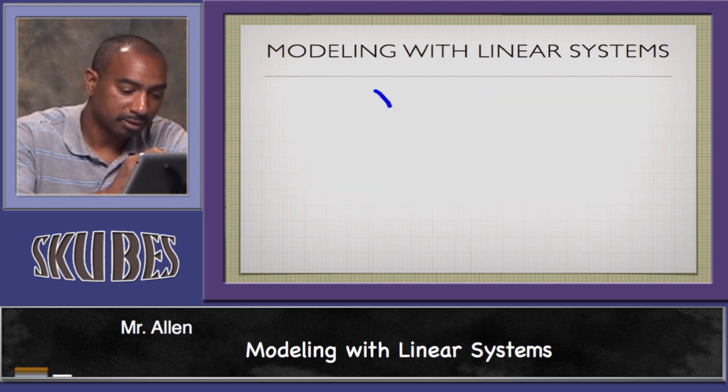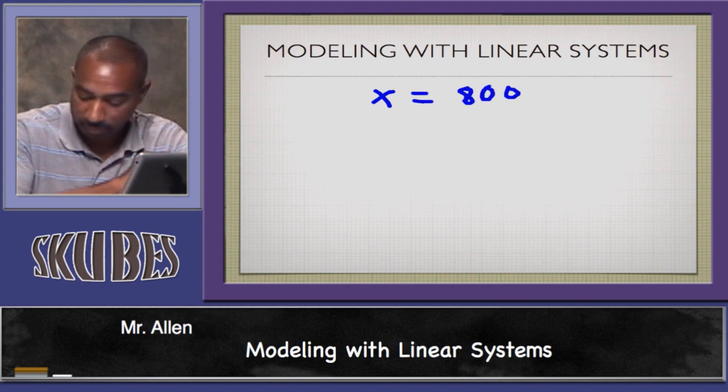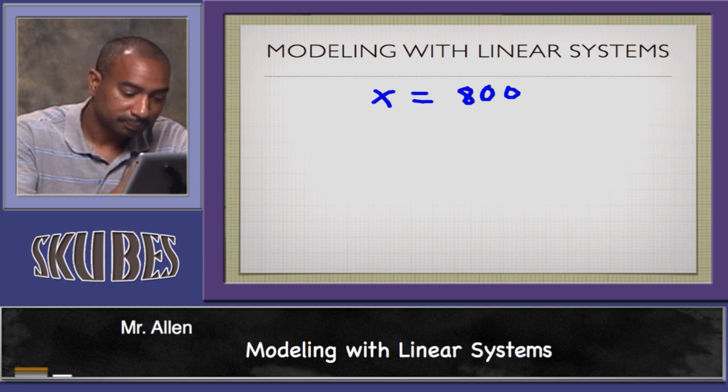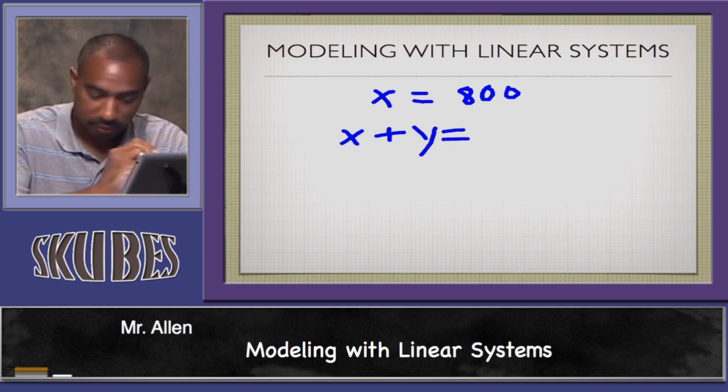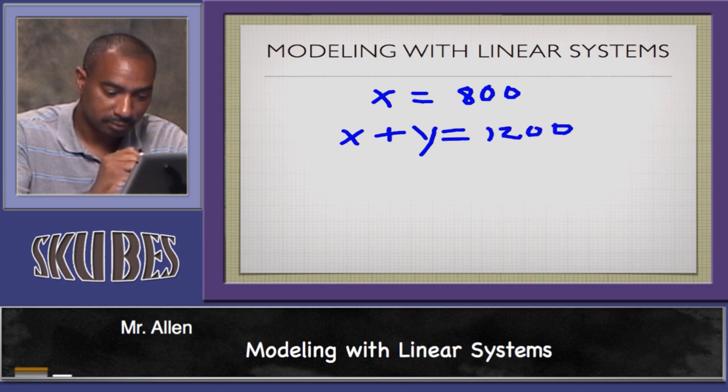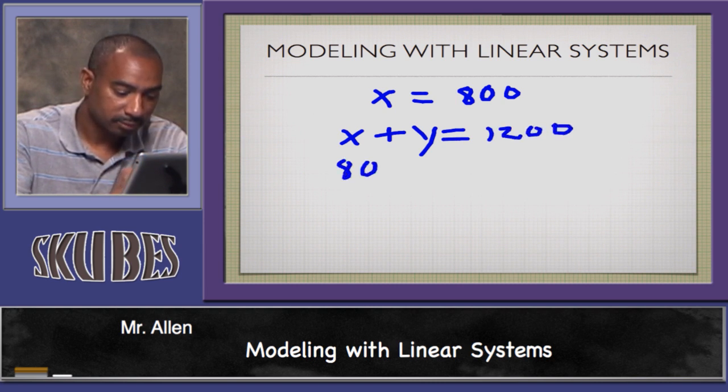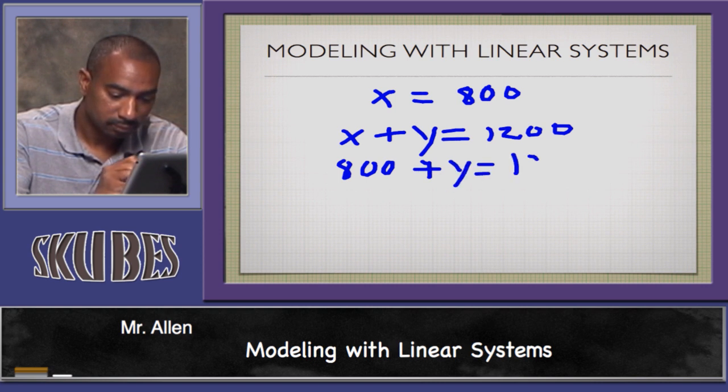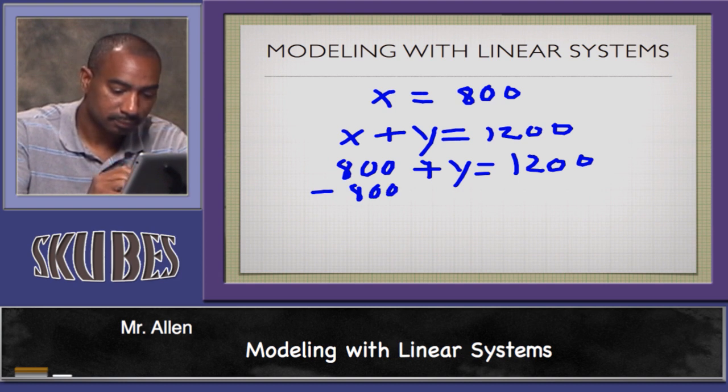So we know that there are 800 student tickets. And remember, the original equation we had, the amount of both tickets was 1,200. If we know this is 800, you just subtract 800 from both sides.